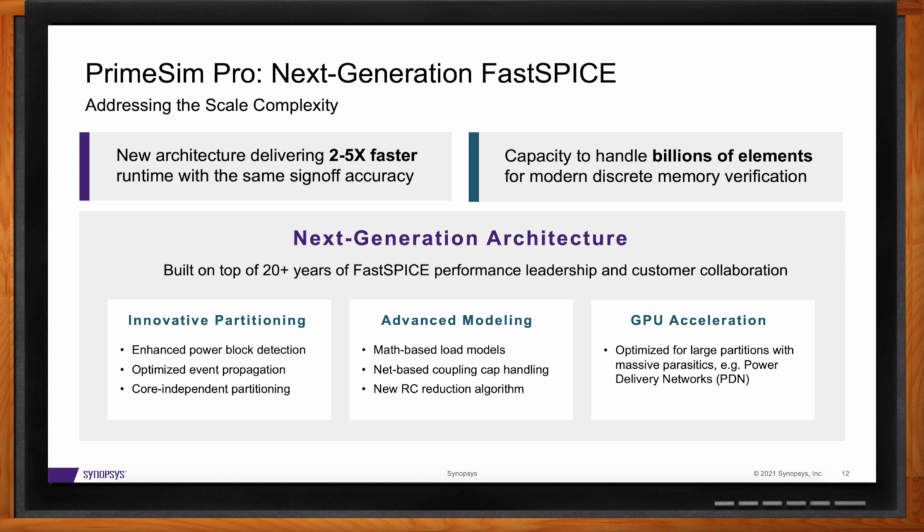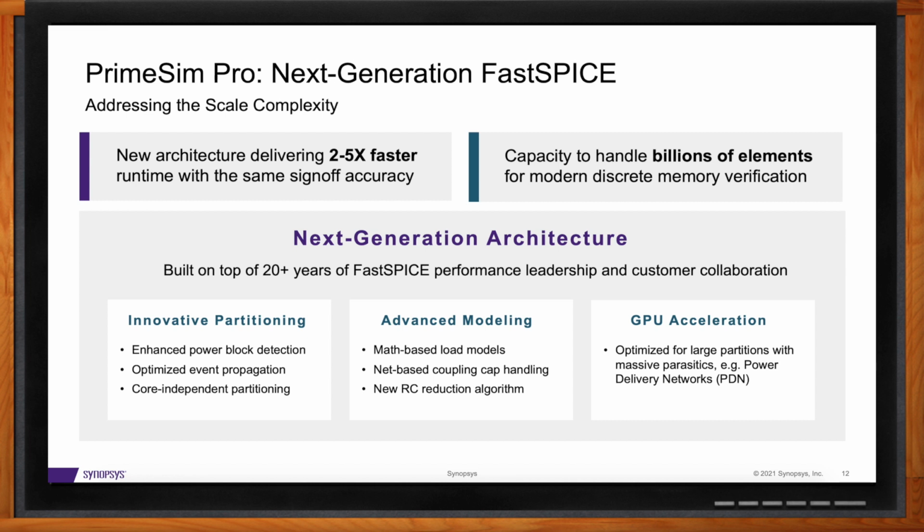And the third component here is the GPU. The GPU in the case of FastSPICE is not as generic as it is in the case of SPICE because, as I mentioned earlier, GPUs are better at solving large matrices, and FastSPICE technology divides the circuit into smaller parts. So these smaller parts don't benefit a lot from the GPU, but there are certain applications. For example, the power delivery network, which is a huge RC network that connects the power and ground to all the blocks in the design.